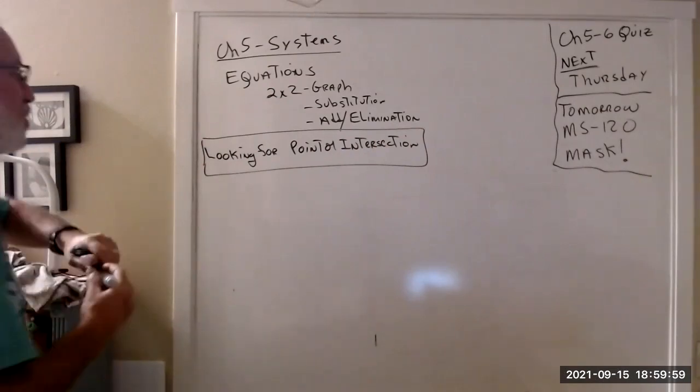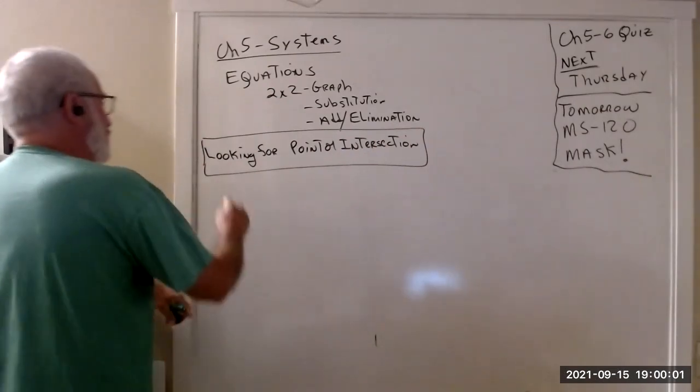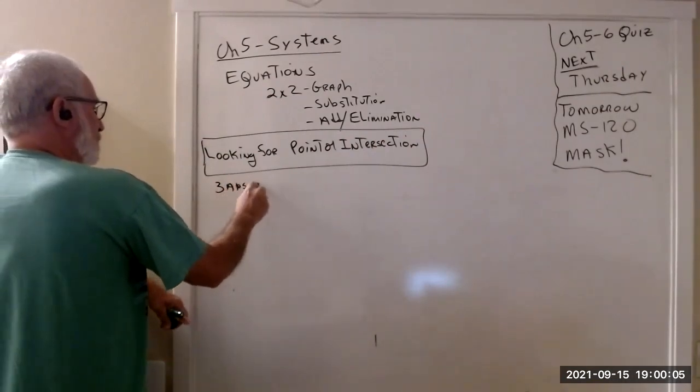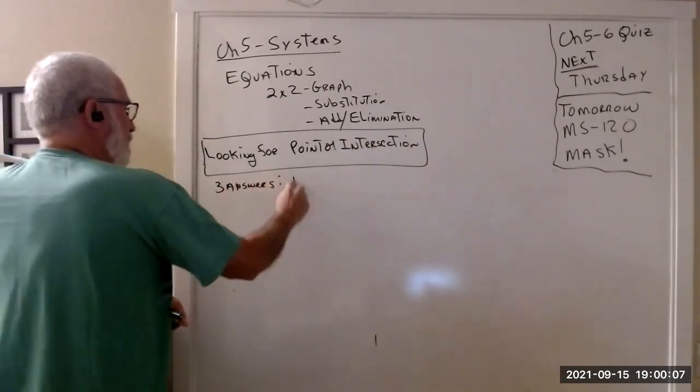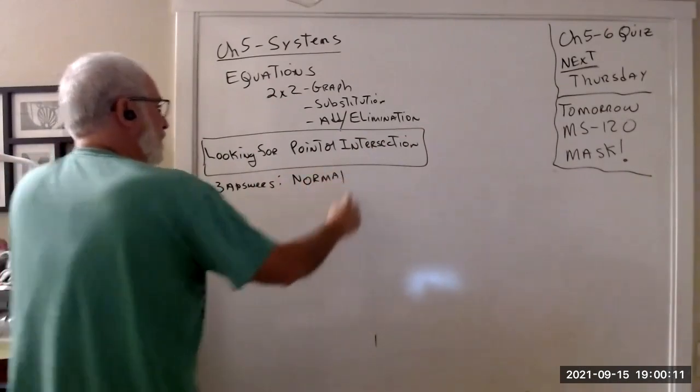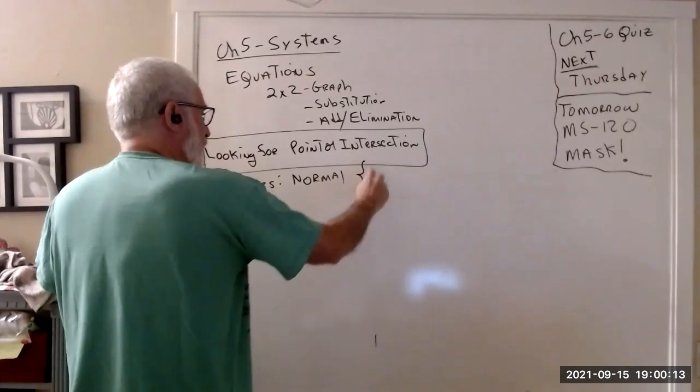And that leads us to the fact that there are 3 kinds of answers. There's normal, and normal looks like this.